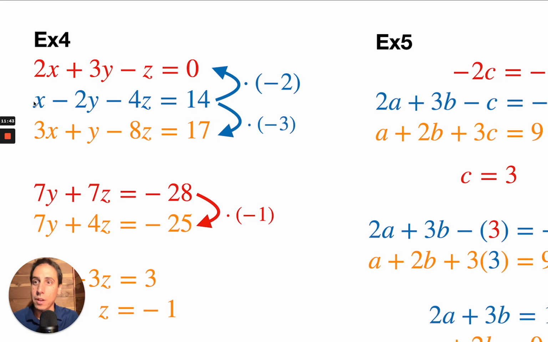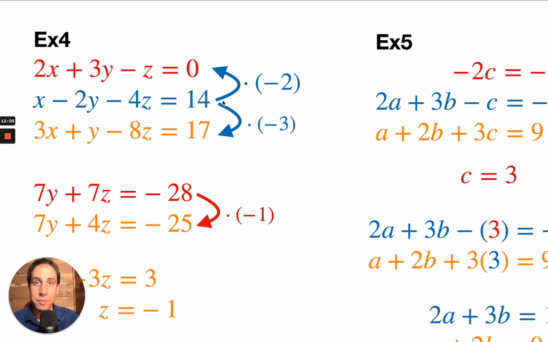When that happens, x times -2 is -2x plus 2x is nothing, gets eliminated here. -2y times -2 is positive 4y plus 3y is 7y. -4z times -2 is positive 8z plus -z is positive 7z.